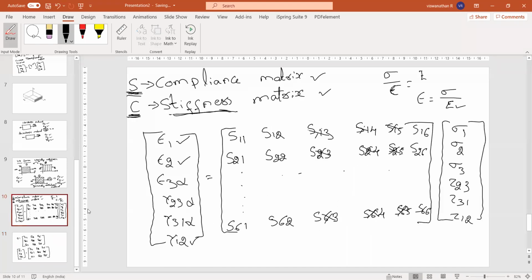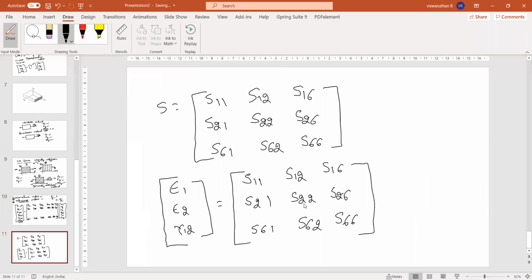Because when we wrote the 3-dimensional one, we wrote this in the last row. We write gamma 23 first, then gamma 31, and then gamma 12. Since gamma 12 is in the 6th row, this matrix becomes like this. And this is sigma 1, sigma 2, and what will this be? Tau 12.